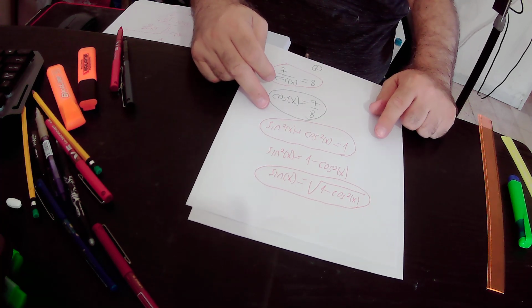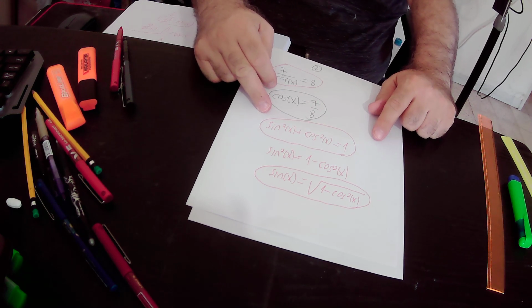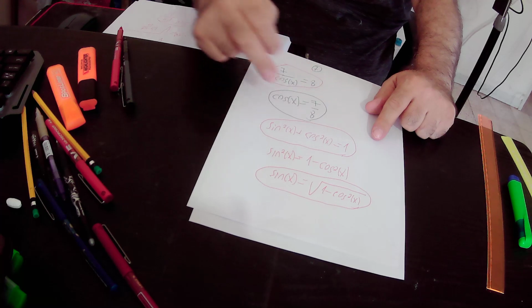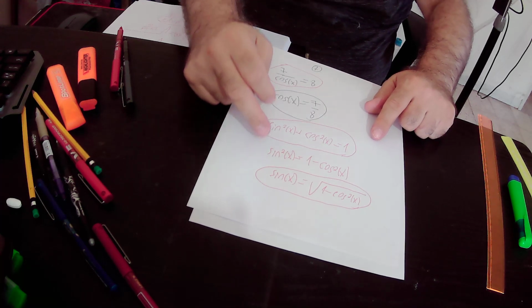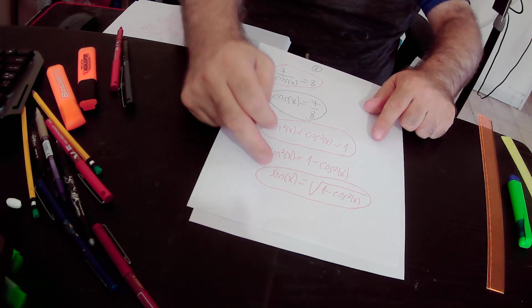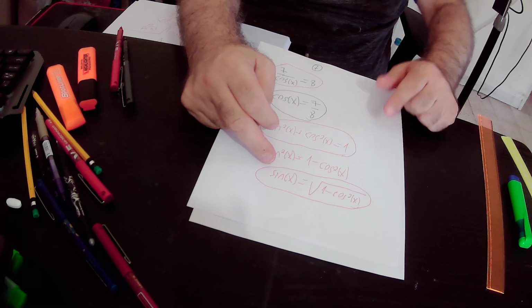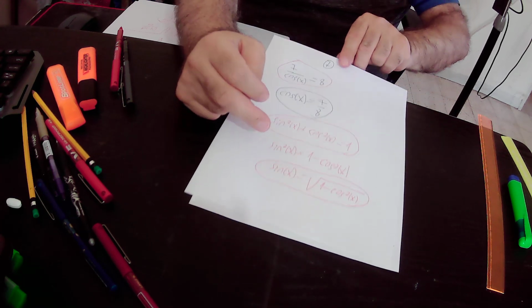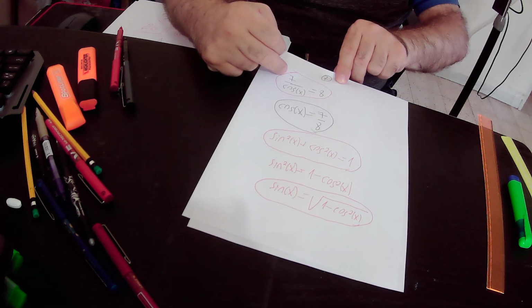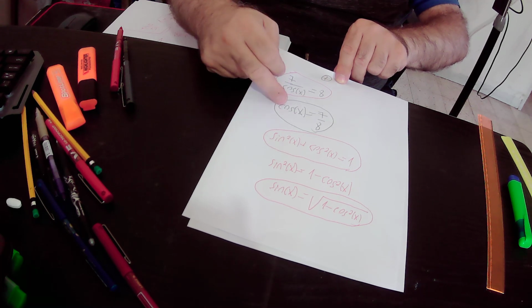And we have the trigonometric identity that states that sin square x plus cos square x equals 1. From this identity, we got that sin x equals the root of 1 minus cos square x. And we know that cos x equals 7 over 8.